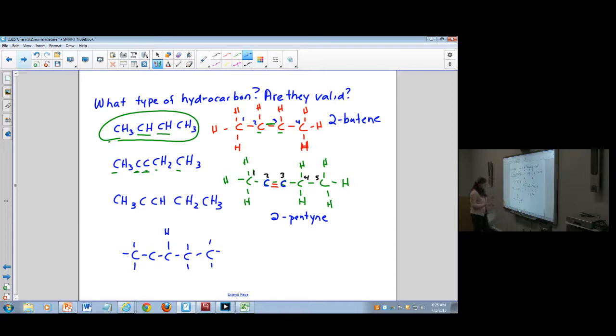So what am I going to do to make this a valid structure? I could make a double bond here. That would make this carbon okay, but what about that carbon? That's not good because this one doesn't fulfill the octet rule. Too few. That's not an octet.